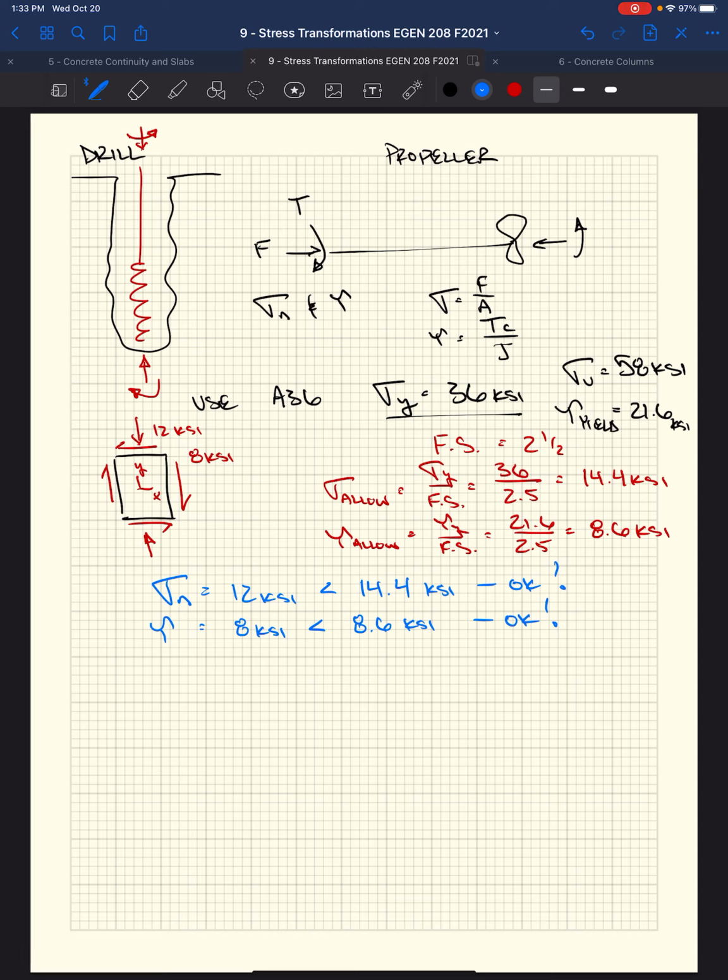We're gonna have to cut it at some angle. And when we cut it at some angle, we're gonna have different stresses, right? So our max stress may not be at the initial stress orientation.